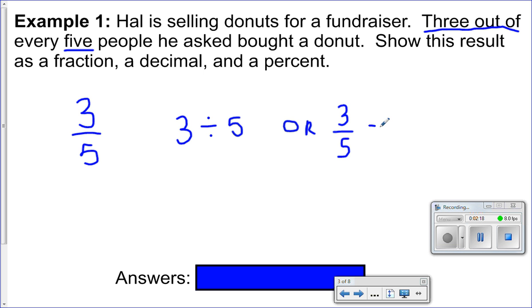And we can do that by multiplying both the numerator and the denominator by 20, meaning that we would end up with a fraction of 60 over 100.